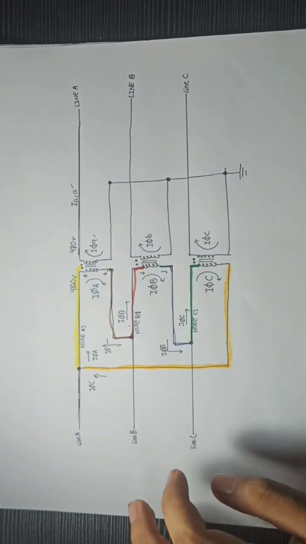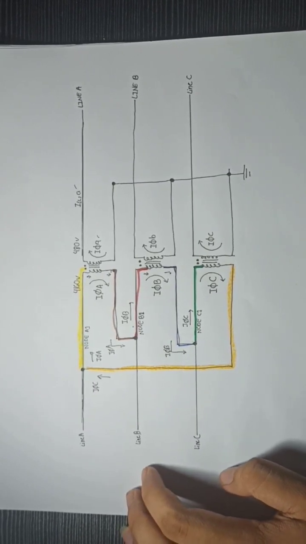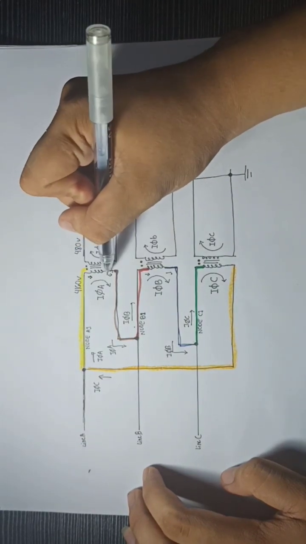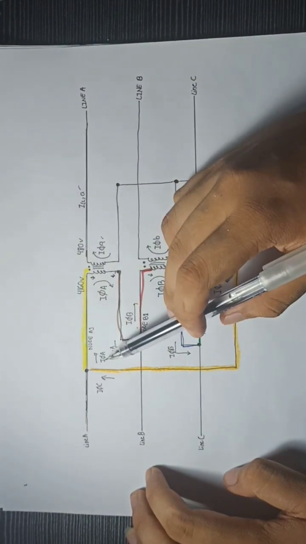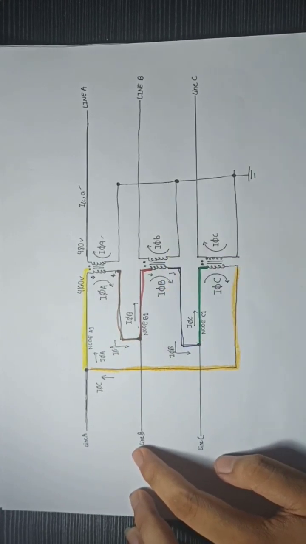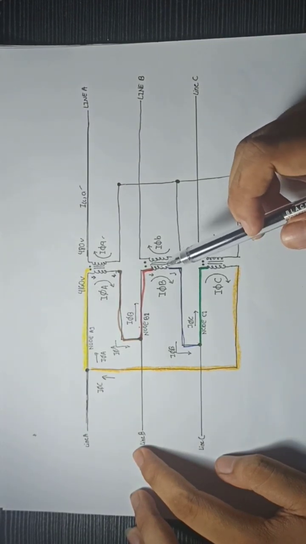So, we know from Part 3 that the primary phase A current flows into the polarity side of winding A and out of the non-polarity side of winding A, which means that the current that flows out of node A1 by definition is phase A current. And since the non-polarity side of winding A is connected to the polarity side of winding B, the current that goes into node B1 is the same phase A current.